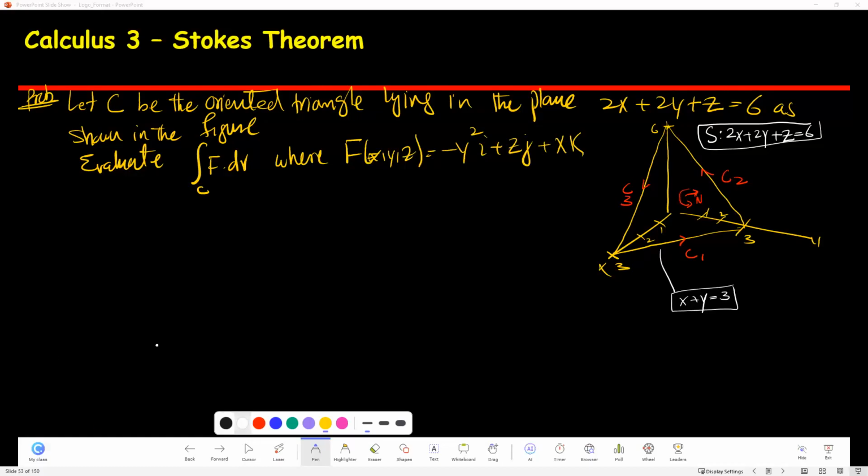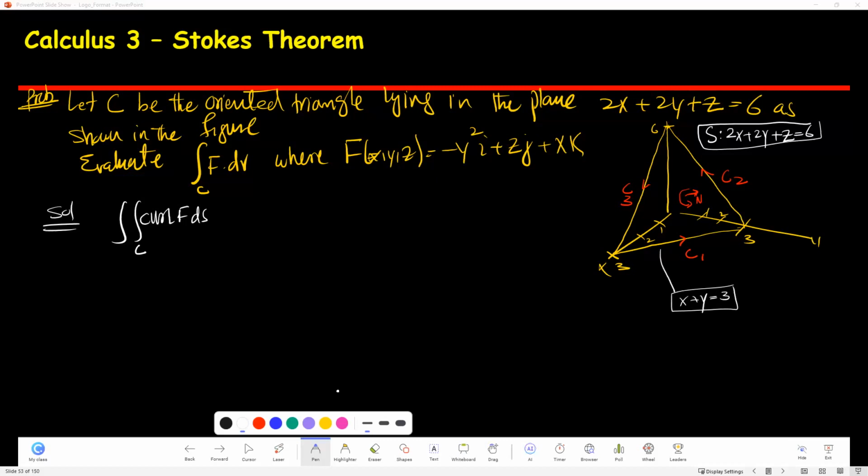So what I'm going to do this time, I'm going to find the curl, right? I'm going to find the curl and then substitute directly. I usually use this curve F ds, right?